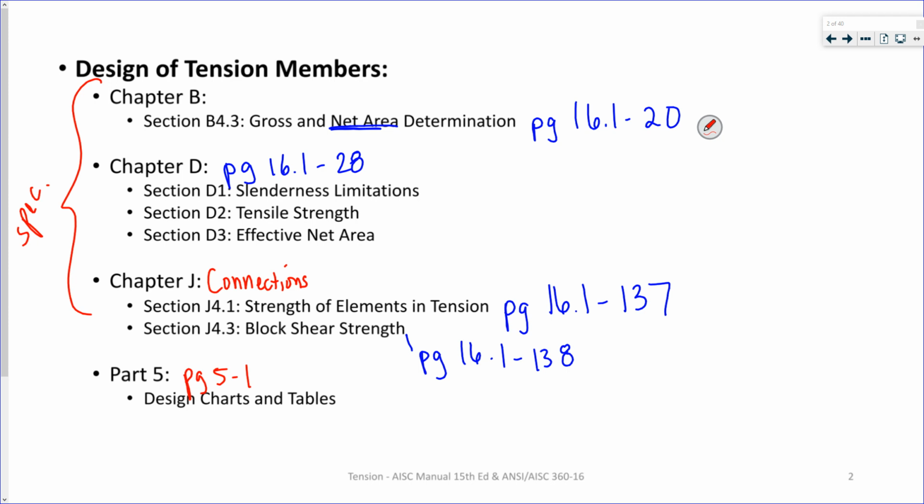If you switch to page 5-2, it talks about how they calculate the net effective area.